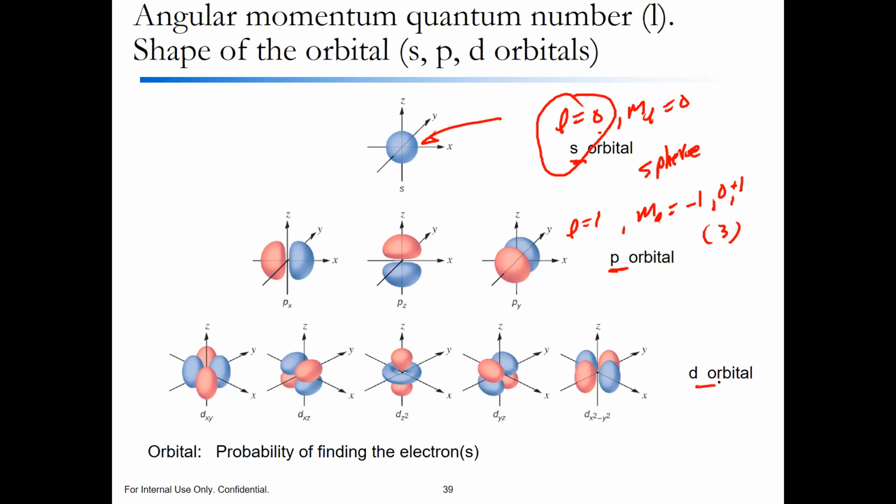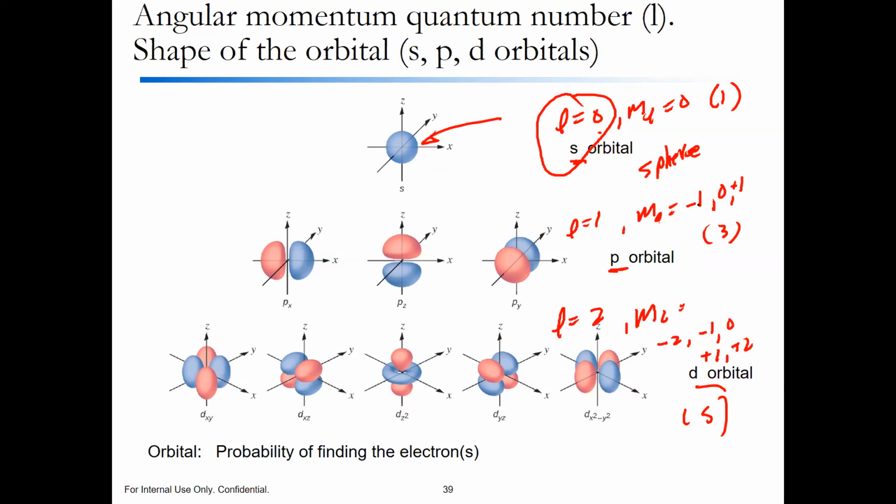Look at this one. This is a d orbital. L equals 2. m_L equals minus 2, minus 1, 0, plus 1, plus 2. That's 5. You see a pattern here? When m_L equals 0, I have one of them.